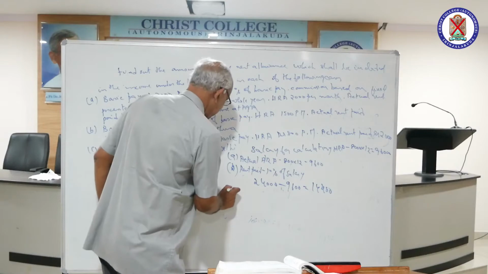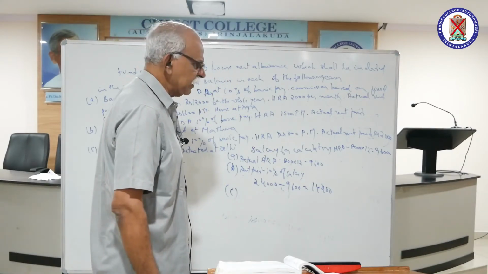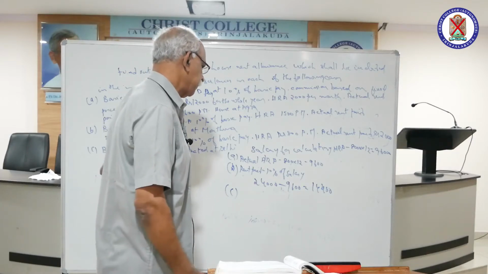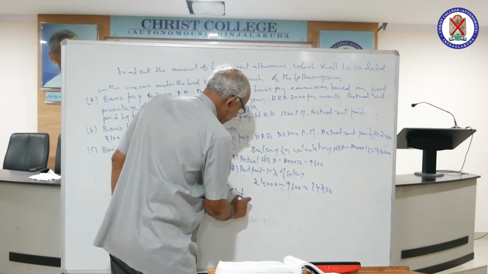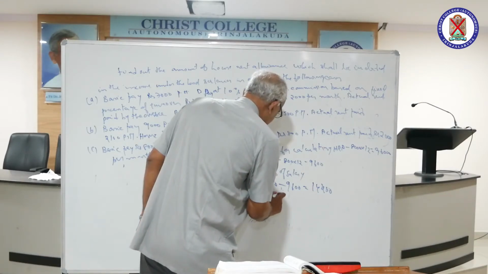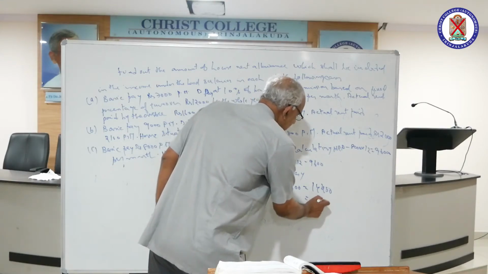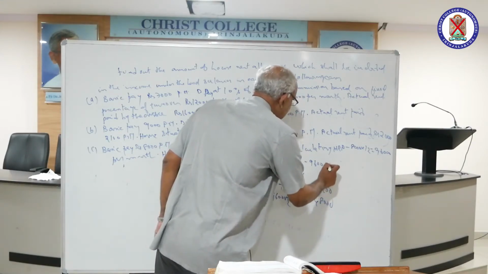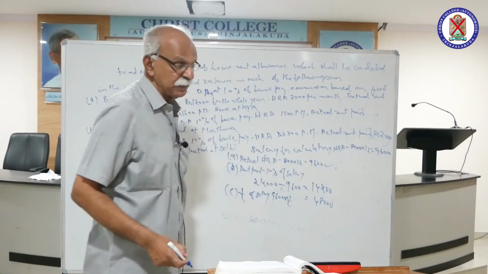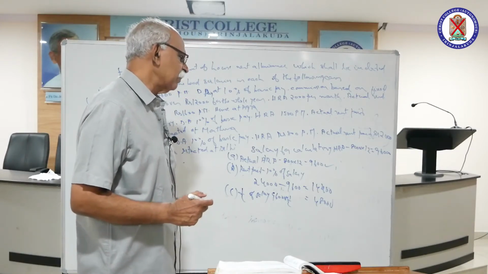C. If the house is situated in Delhi, then it is 1/2 of salary. 96,000 into 1/2 is 48,000. Which is the least? 9,600 is the least, that is the actual HRA received.